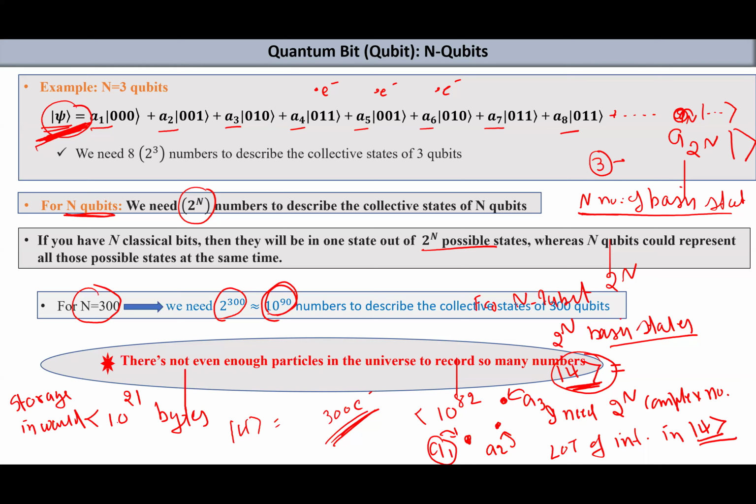It's not enough, 10 to the power 21, and what are you talking about here? 10 to the power 19. I'm just giving this example to let you feel that quantum mechanics is very enormous.